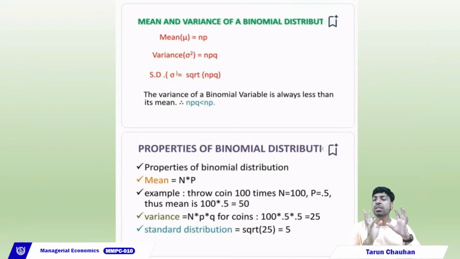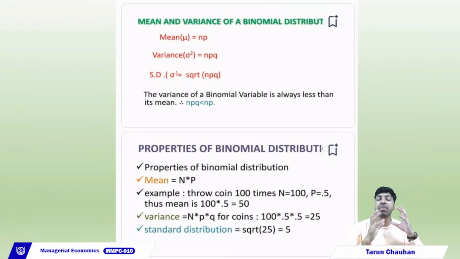Once you estimate the value of the variance, you can easily calculate the standard deviation. How? Just take the square root of n into p into q, and you will get the standard deviation. But always remember that the variance of a binomial variable is always less than its mean, and that is a rule under the binomial distribution theorem.